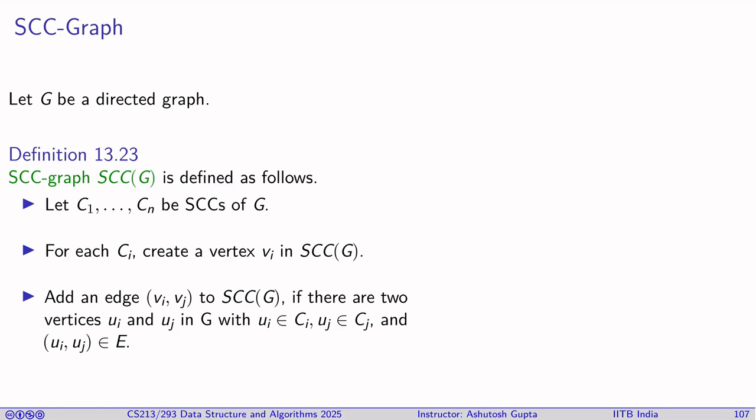There is an edge from Vi to Vj if there are two vertices Ui, Uj in G such that Ui is an element of Ci, Uj is an element of Cj, and there is a connection between Ui and Uj in the original graph.